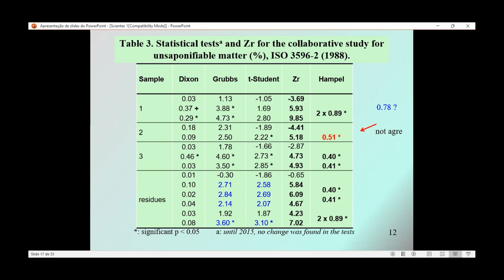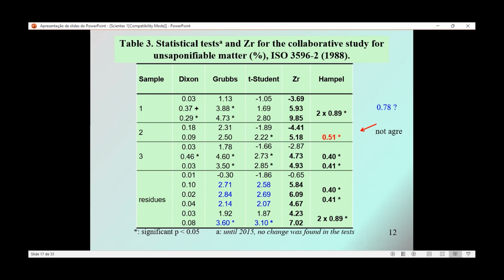In the residuals, just 4 outliers were confirmed. Well, these discrepancies happened when comparing these results to ISO 3596 part 2.